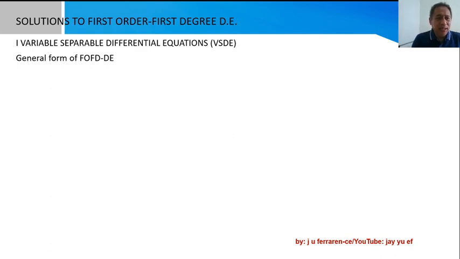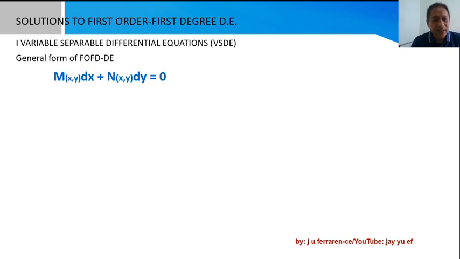Now, if we consider writing a differential equation in differential form, this is the general form of a first order, first degree DE. Notice that the coefficient of the dx is a function involving x and y. The coefficient of the dy also contains x and y.